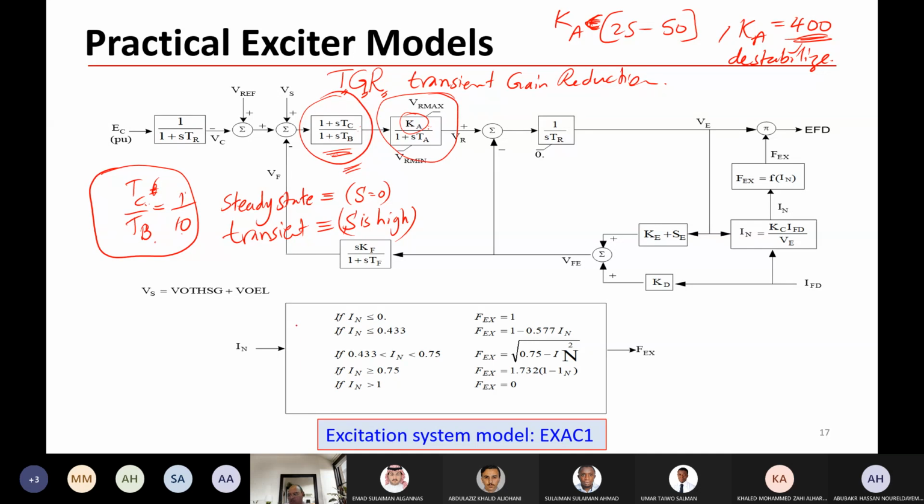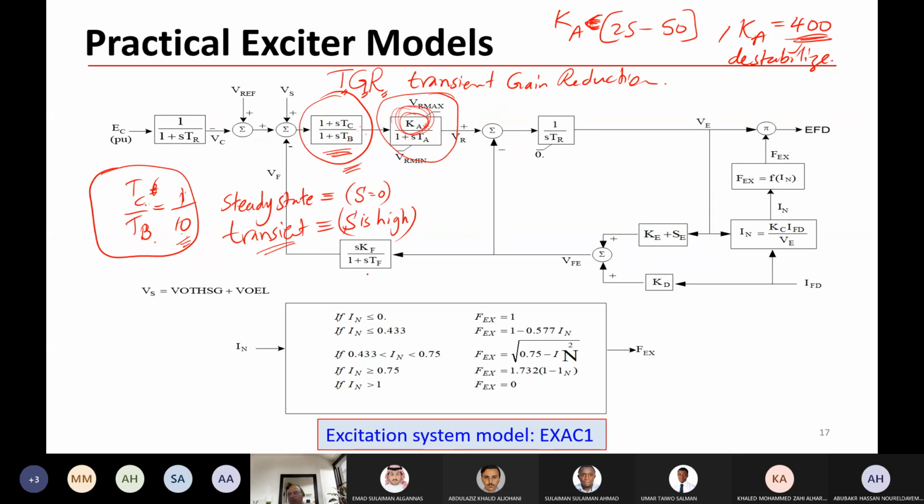So when you have a disturbance in the system, we have some oscillation in the system. So this block will provide you with a gain of 1/10. This 1/10 will be multiplied by the gain here, which is very high to improve the voltage regulation. So during the transient, during the disturbance, this block will provide you with 1/10, so it will reduce this gain.